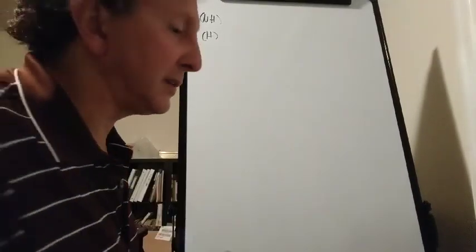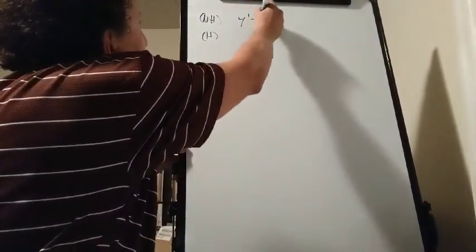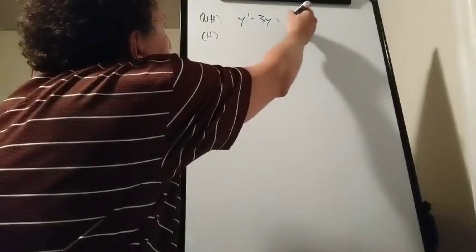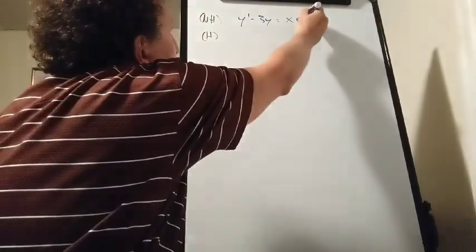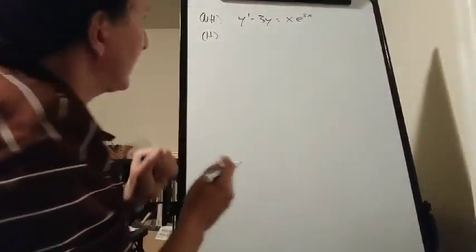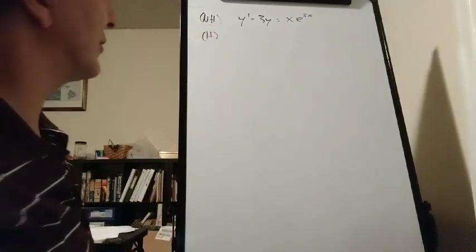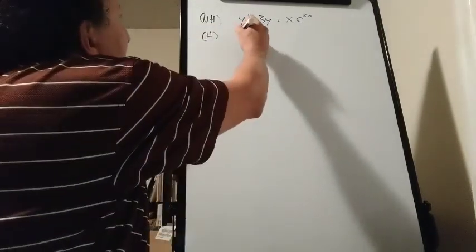All right, finally I'd like to do one example where we have a right-hand side that's got a polynomial part and an exponential part. So y prime minus 3y equals x e to the 3x. This is a first order differential equation because all we see is the first derivative.